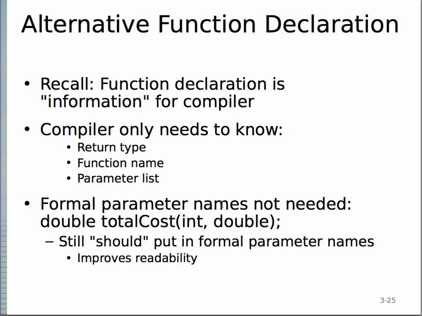We took away the names, and as you saw, everything still worked. So this is just the declaration itself. You don't need names over here. Remember, if you have a semicolon, that means definitely this is a declaration or a prototype. All we need is the types of the parameters, the return type, and the name.